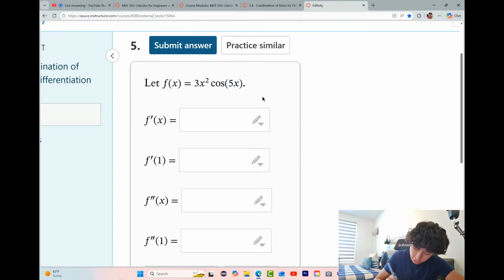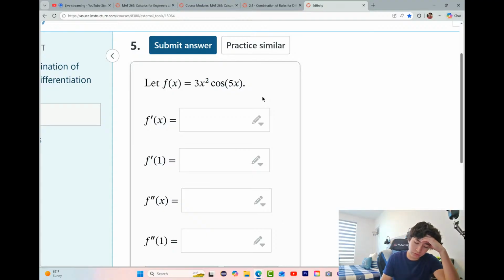I'm going to run out of space. Plus f prime of x. So that's the derivative of 3x squared, and that's going to be 6x, and then times g of x. So that's simply cosine of 5x, right? Perfect.